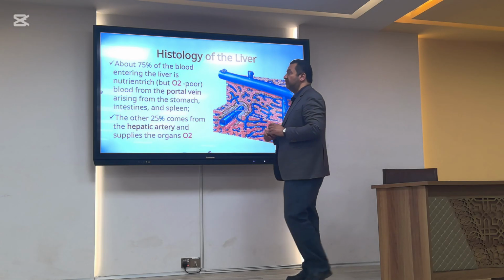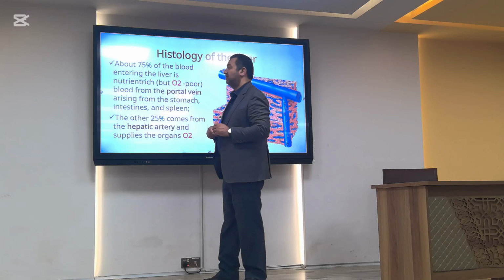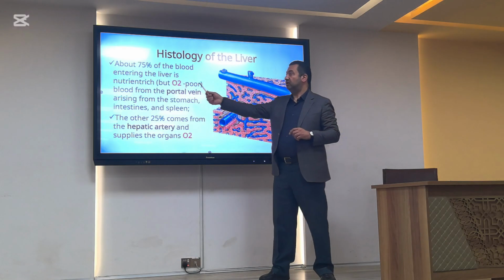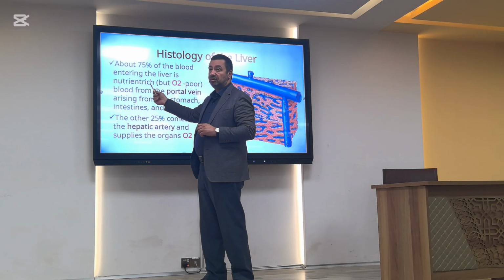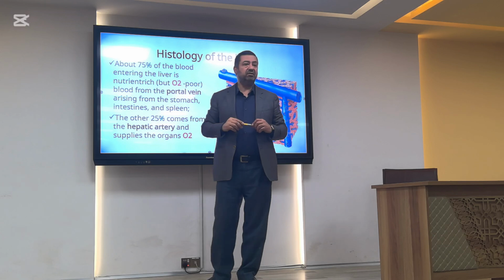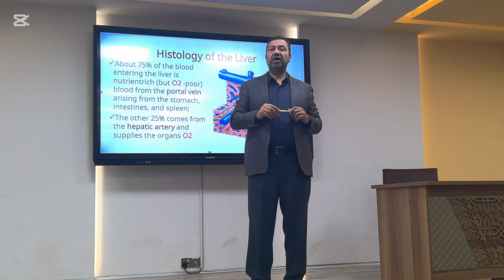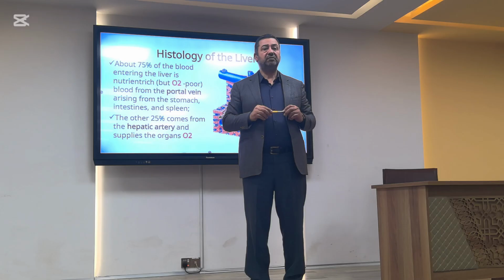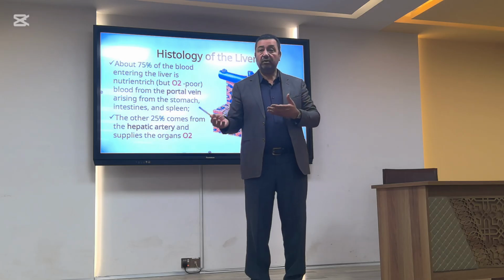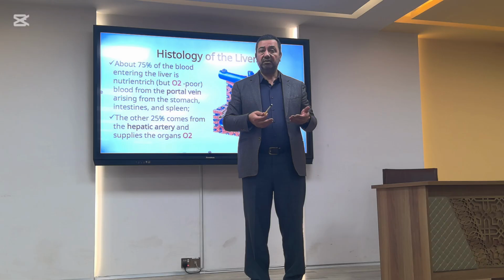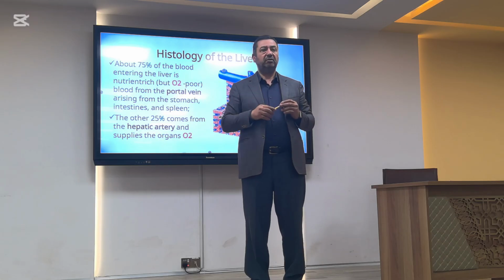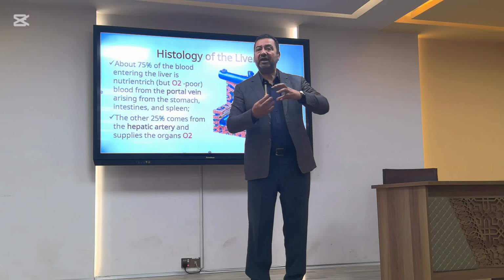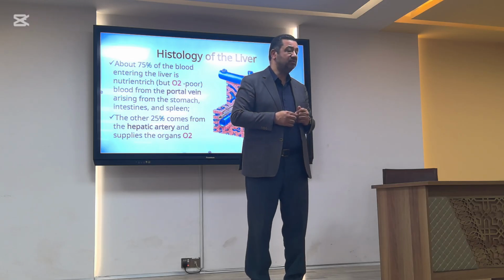About 70% of the blood entering the liver is nutrient rich, because this blood came from the stomach, large intestine and small intestine. After absorption of the nutrients from small intestine and some nutrients from large intestine, these nutrients go to the portal vein.